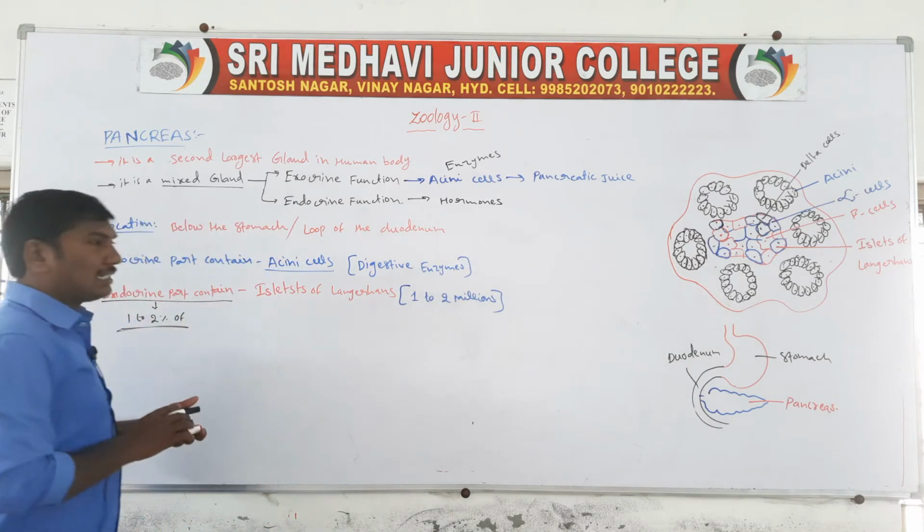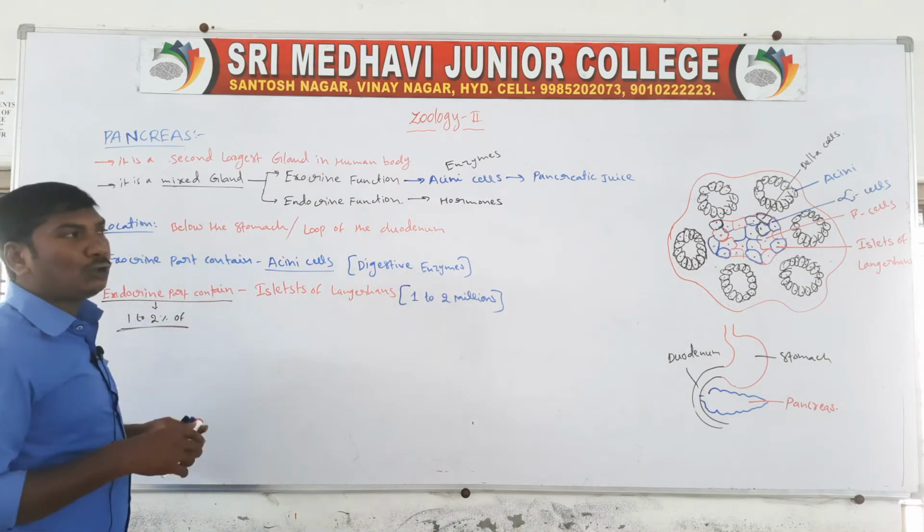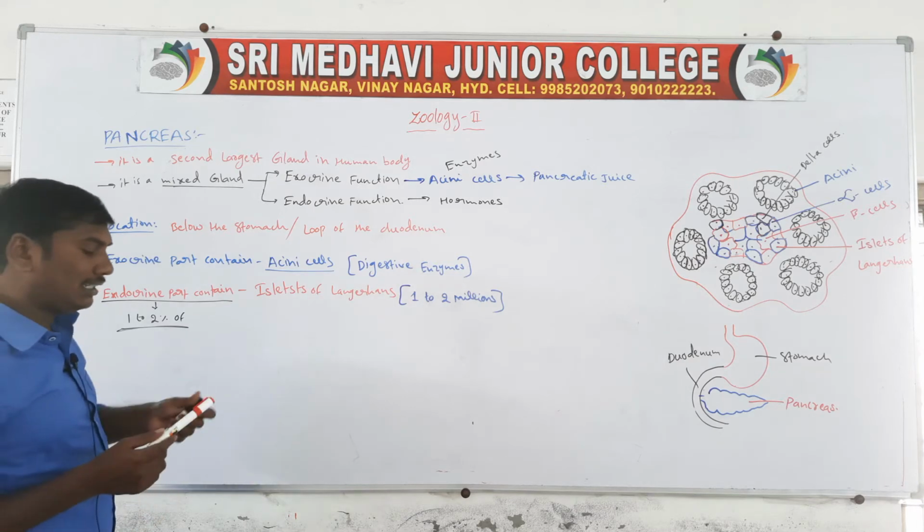There are mainly two types of cells present in the islets of Langerhans of the pancreas.